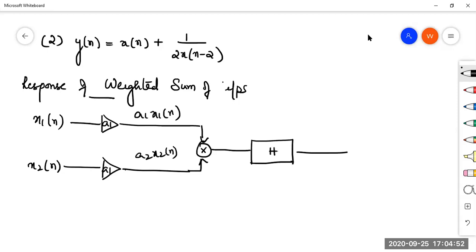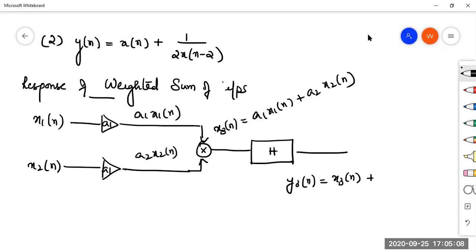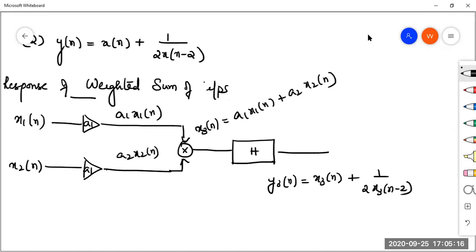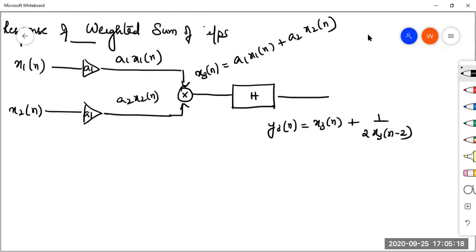Okay, so here you can take it as x3 of n, which will be equal to a1 x1 of n plus a2 x2 of n. So at the output, what you have is y3 of n, which will be equal to x3 of n plus 1 by 2x3 of n minus 2. Now replace this x3 with a1 x1 of n plus a2 x2 of n.